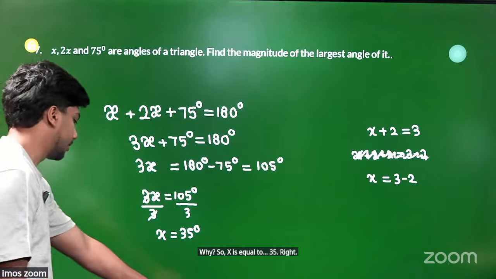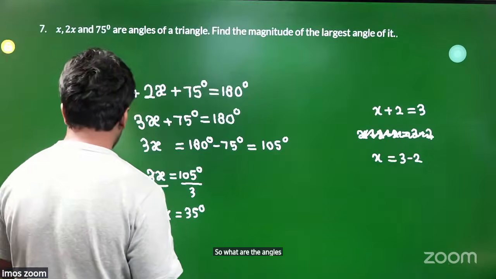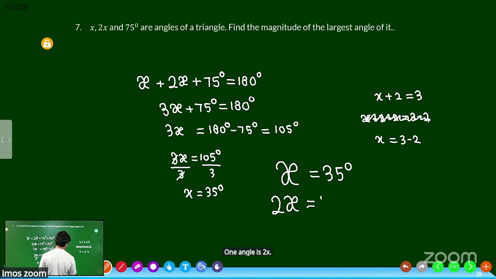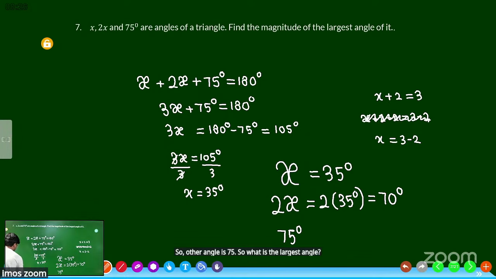So what are the angles? One angle is x, which means 35 degrees. One angle is 2x, which means twice 35, and twice 35 is 70. The other angle is 75. So what is the largest angle?